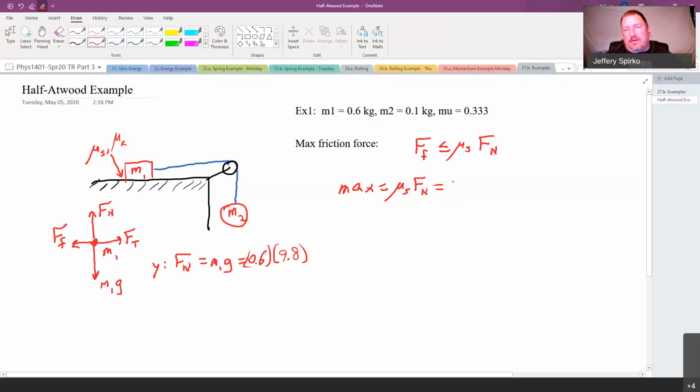And then up here, I can just go 0.333 times 0.6 times 9.8. And I find out that my max friction is just 1.96 newtons.